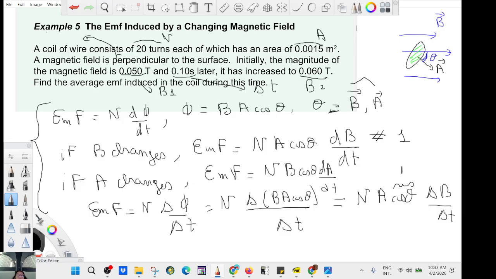So that means that the angle here is 0. Perpendicular means this. Perpendicular to the area. Okay, so that means this angle here is 0.